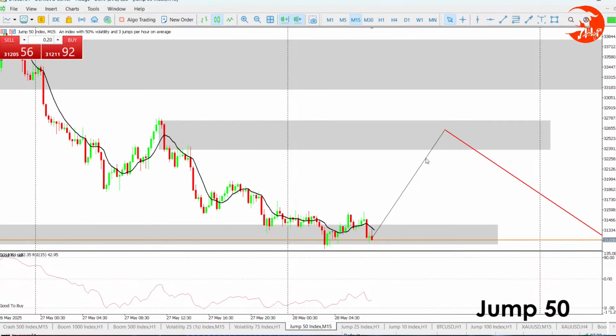We may stay in it for the whole day or even tomorrow, depending on how the market will be, but I have to enter this because Jump 50 is a giver, but it's also a taker. If you're wrong on the entry, it can easily take some good money. So let's wait for the entry on Jump 50.